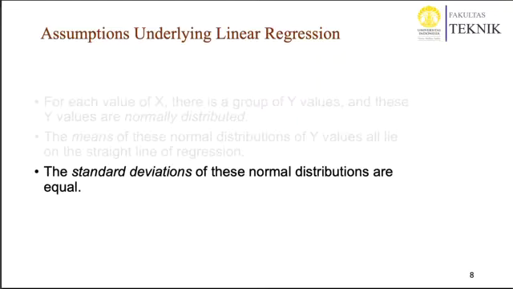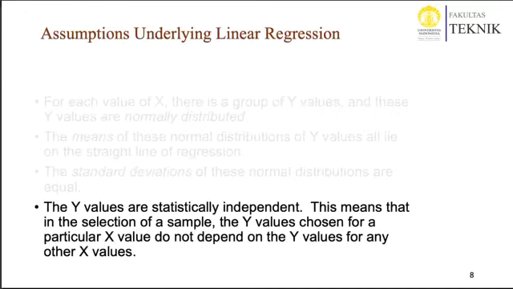The standard deviations of these normal distributions are also equal. Then the y values are statistically independent, which means that in this selection of sample, the y values chosen for a particular x value do not depend on the y values for any other x values.